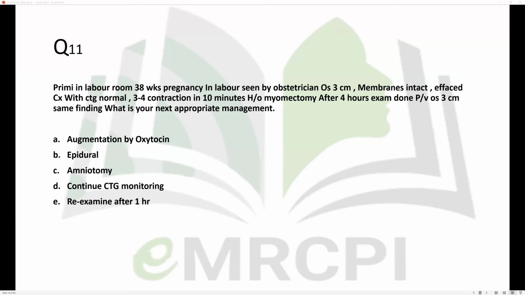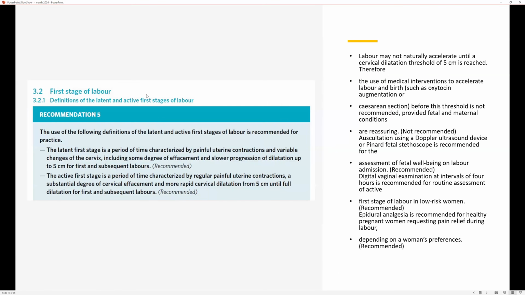Yes, okay. So, what is the recommendation of the WHO in this regard? Yes, the epidural. Okay, and here for the first stage of labor, they depend on the definition of the latent and active first stage of labor. And this is the WHO, right?